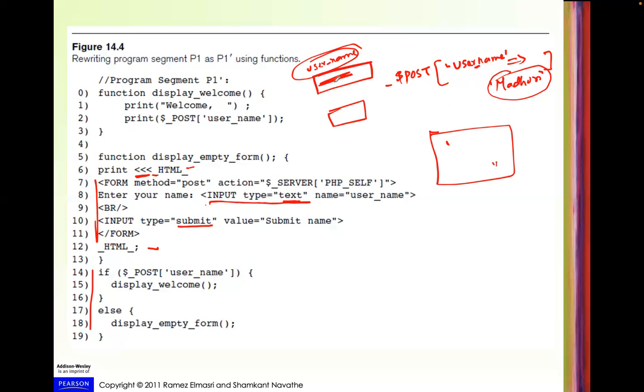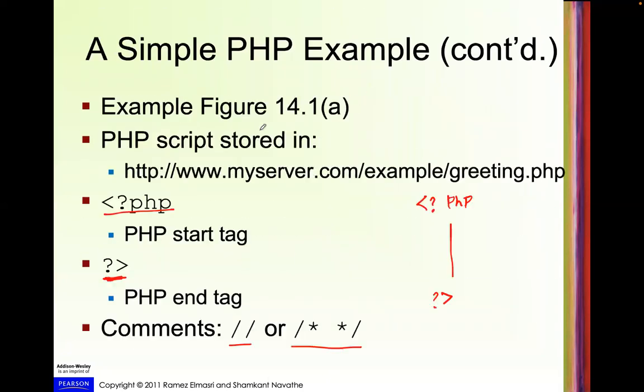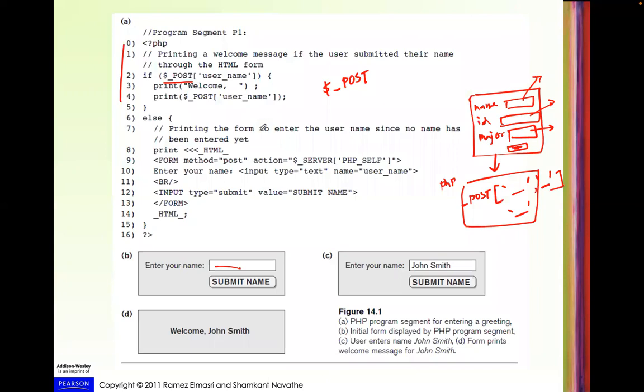So the value that you are entering here will be caught as the value of this key. You can catch that and call the function display welcome, and it is going to print the name of the username. This is actually the same thing we did in our last example that we showed here.